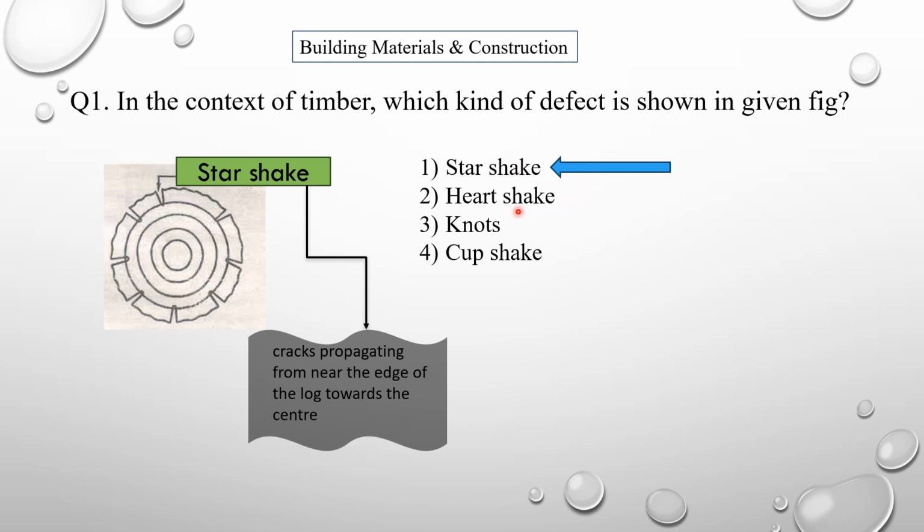In this question, only discussing the answer is not enough. For overall study or complete conceptual clarity, you need to see the other options from the question. So first we see the heart shake, knots and cup shake before moving to the second question.